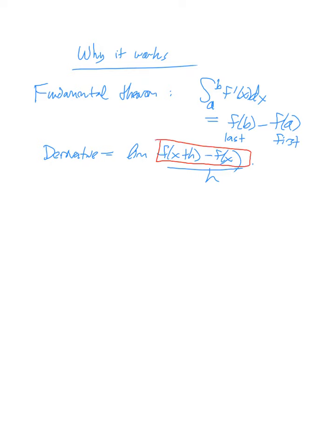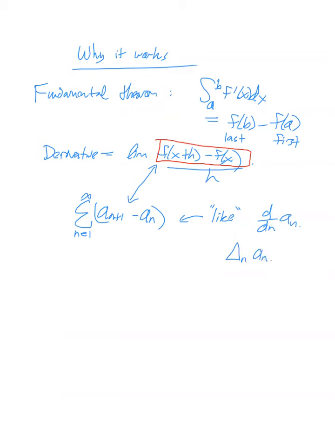And this can be parallel with the telescoping series, which is also a difference. You can think of it as like a derivative in n. So this is, very much in quotation marks, d/dn of a_n. In reality, you might see this later on in your other courses. You can think of this as the difference operator of a_n.